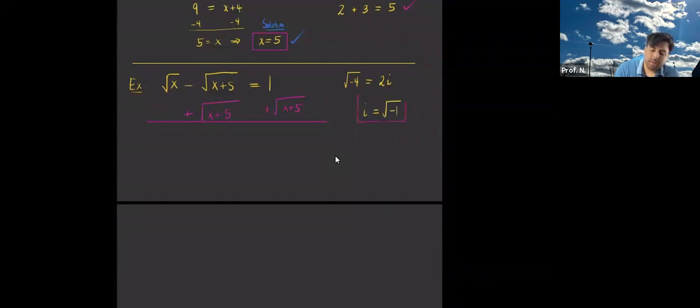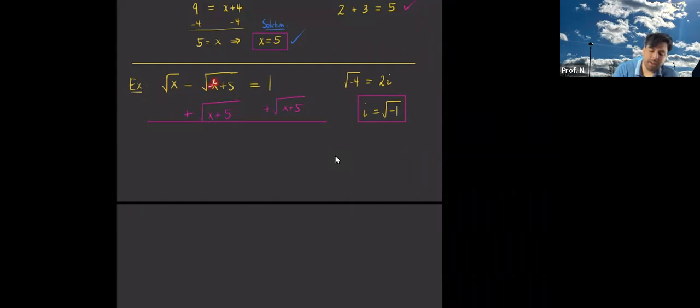But it might pop up in your subsequent math courses, especially if you're going to do anything related to engineering of any sort. The imaginary unit i is equal to the square root of -1. But in this class, we're not going to be dealing with that. So -4 is a good idea, but it's not going to give you a real number. It's going to give you an imaginary number.